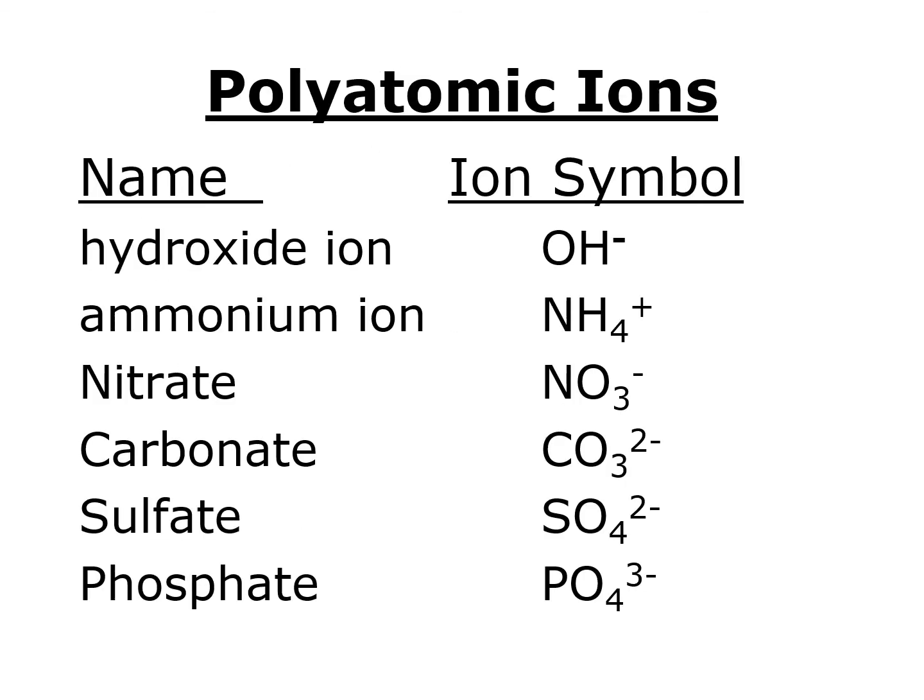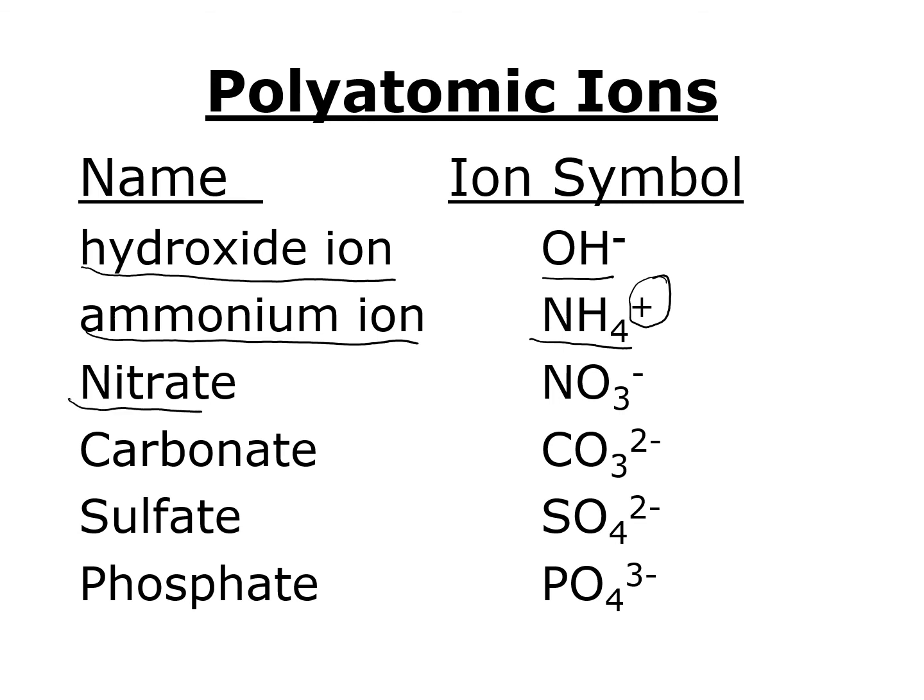So this slide shows you the 6 polyatomic ions I want you to remember. There's many more polyatomic ions than what are listed here, but these are the 6. I want you to remember the names and the symbols. So as we mentioned previously, we have hydroxide ion, which is OH-, ammonium ion, which is NH4+. This is the only polyatomic ion that you have to remember with the plus charge.